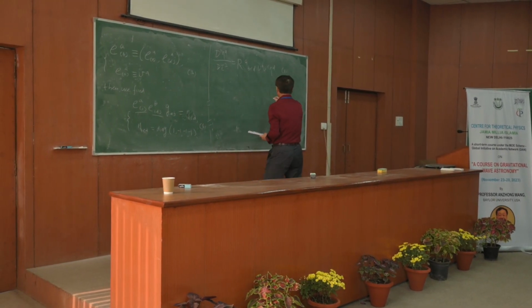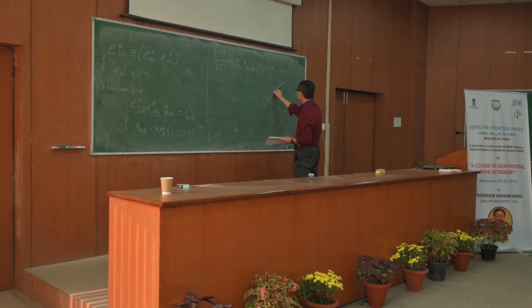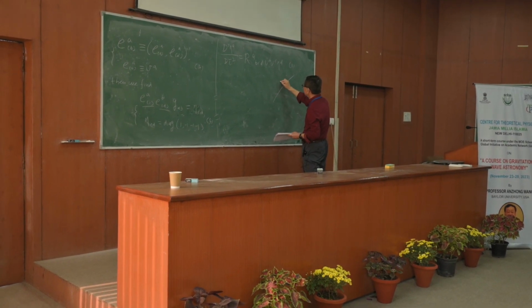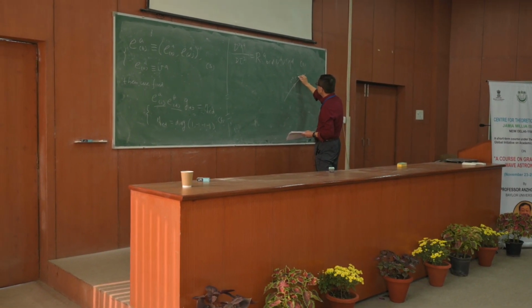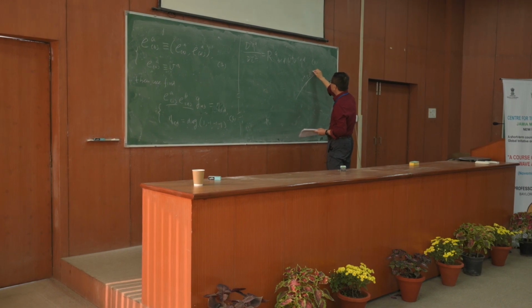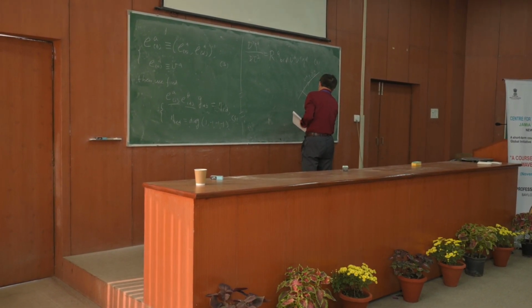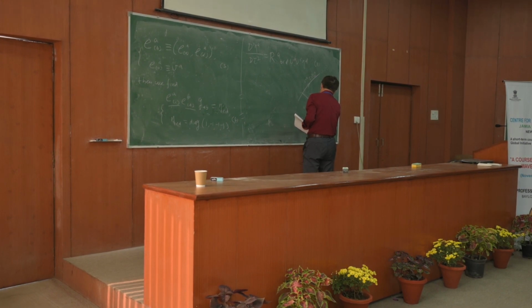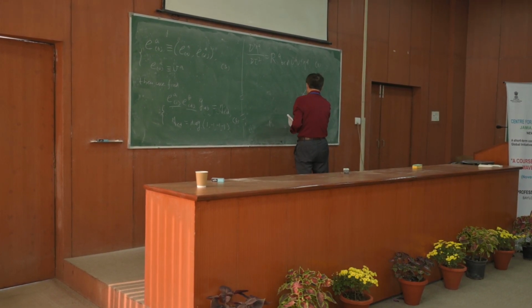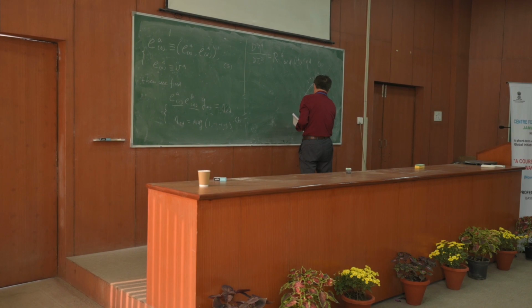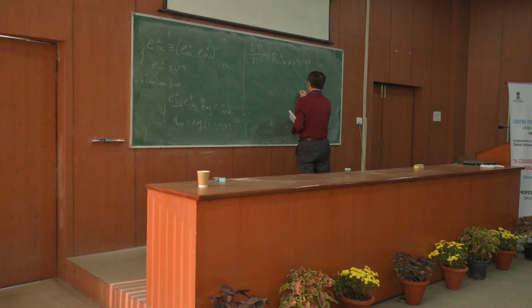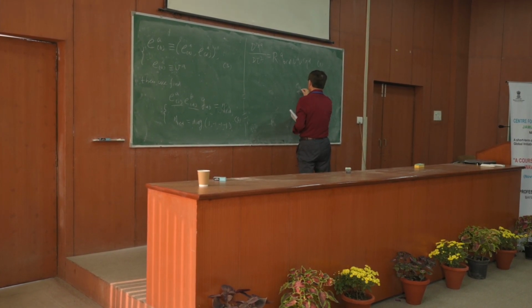Once again, I'm drawing the picture now. The wave vector A is equal to E0A. Now I have another three legs, E1A, E2A, E3A.